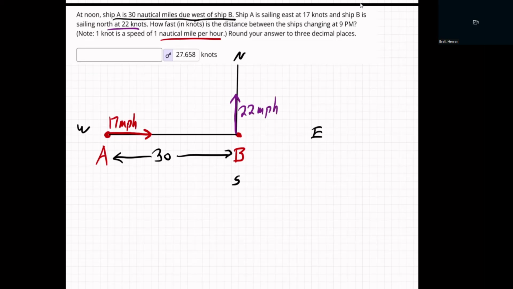Okay, and then they talk about the distance between the ships. So let's draw that on the picture as well. Right, because this ship stops right here and this ship stops right here. And they'll call this Z. This is the distance between the two ships.